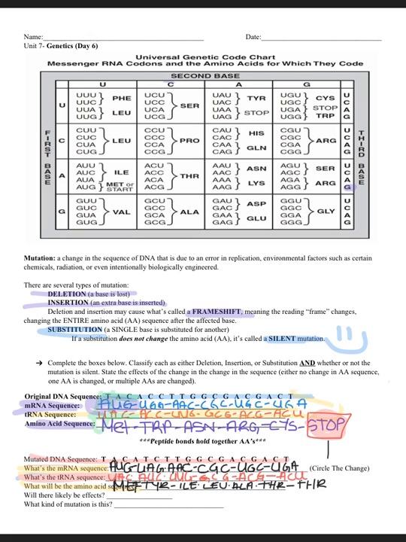In order to determine whether there will be any likely effects in this mutation, you must compare the mutated amino acid sequence here with the original amino acid sequence here. Now, if we compare the first amino acid, we have two MET, so far so good.